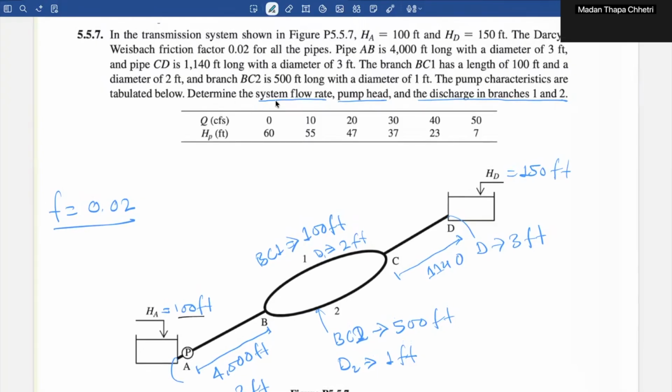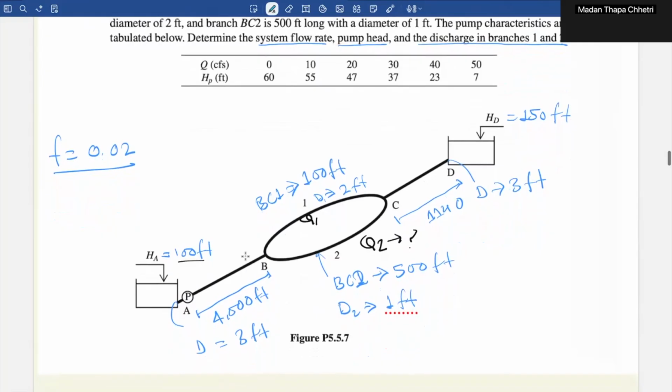Our task is to determine the system flow rate, pump head, and discharge in branch 1 and 2, so basically we need to find Q1 and Q2. So let us find the equivalent pipe for branch 1 and 2.